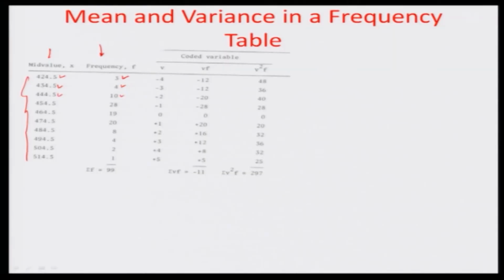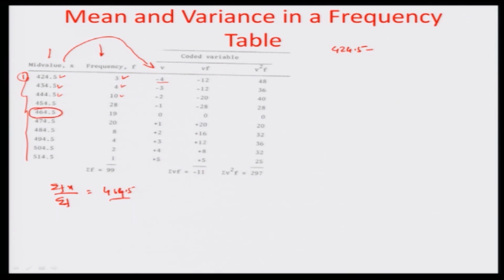So here we want to code this variable and make it into a coded variable v, so that the coded variable v is basically the main value. In this particular case, for the observation number 1 or serial number 1, the main value is 424.5. We are trying to see how much different it is from the mean, and in this whole distribution, if you do sigma f x by sigma f, you would get the mean value to be around 464.5, which is this particular value here.